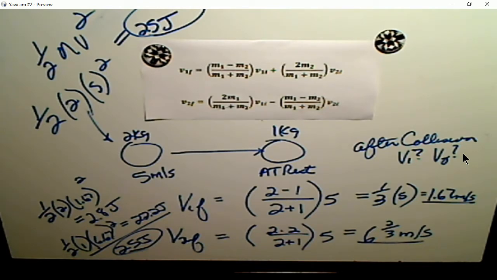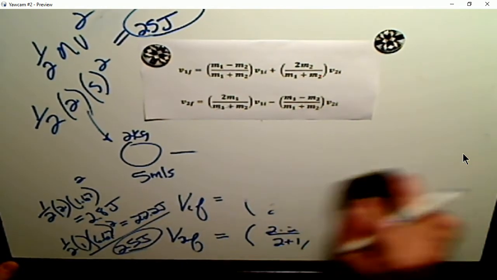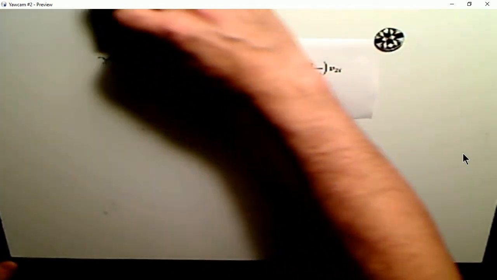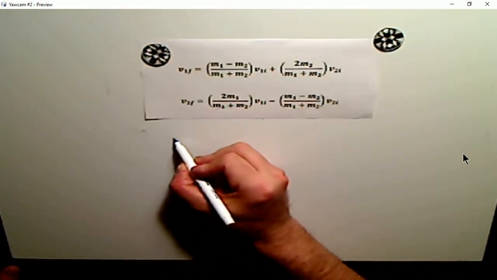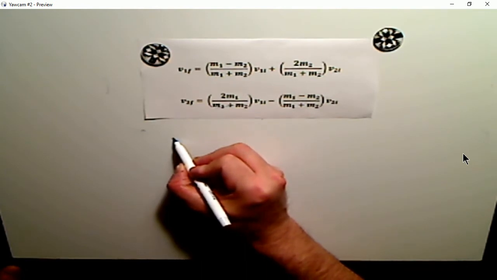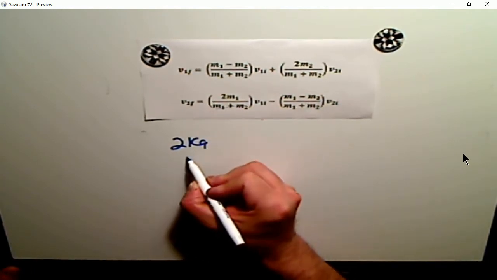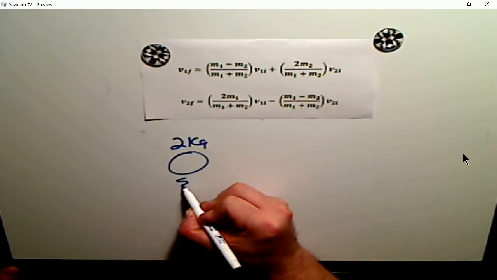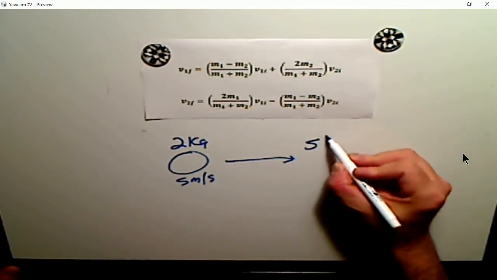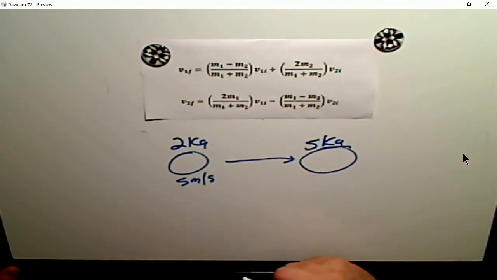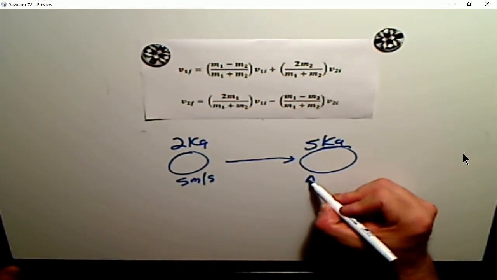Now what if, let's do another example of this type of collision in one dimension. This only holds for one dimension. What if that second ball is quite a bit heavier? 2 kilograms going at 5 meters per second hits a 5 kilogram ball at rest.